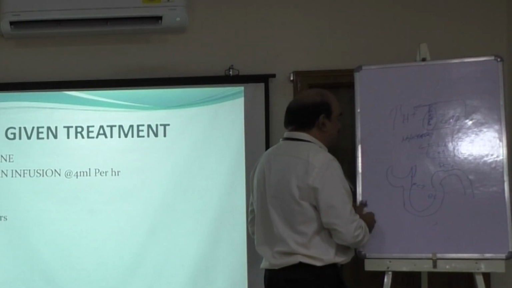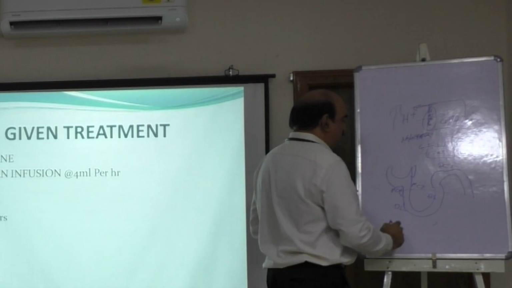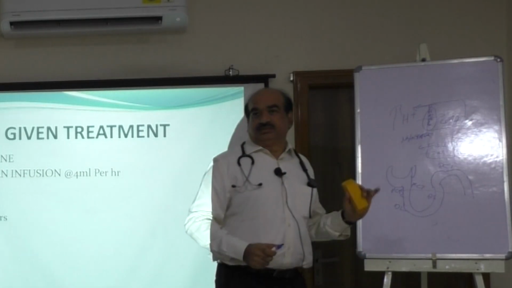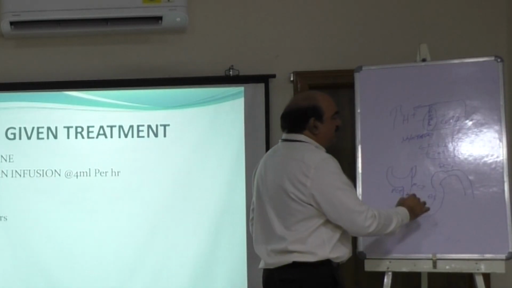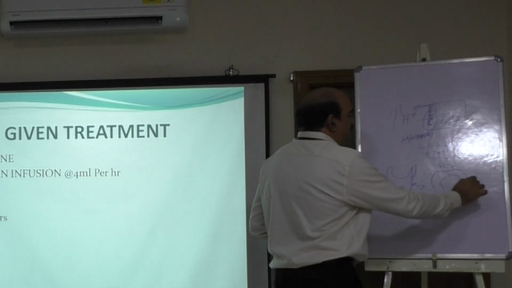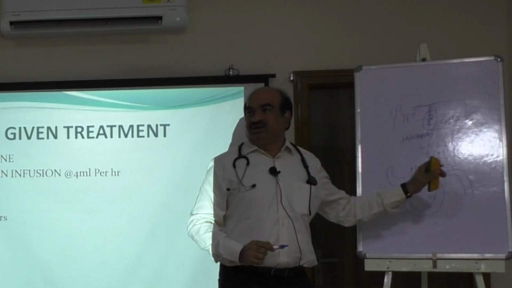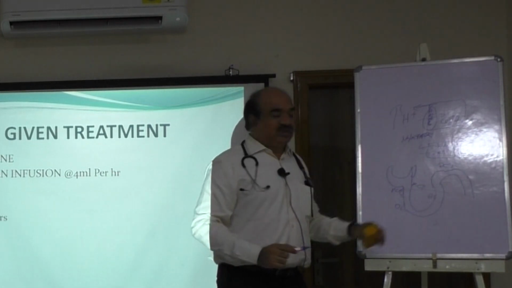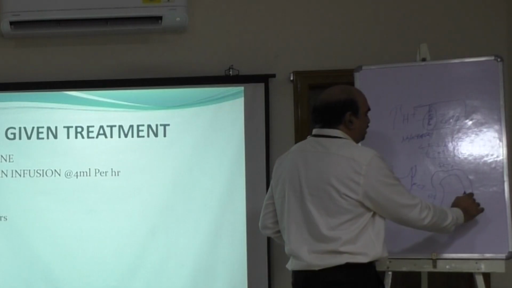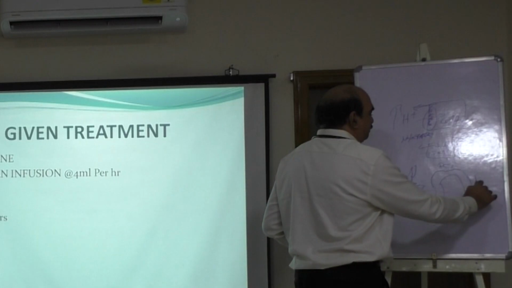So what are the mechanisms of hypokalemia? One mechanism is increased solute or salt delivery to the distal tubule. So what is the aldosterone action? Where is the action of aldosterone?